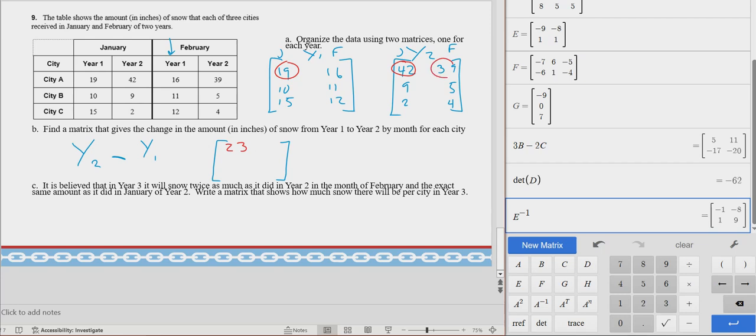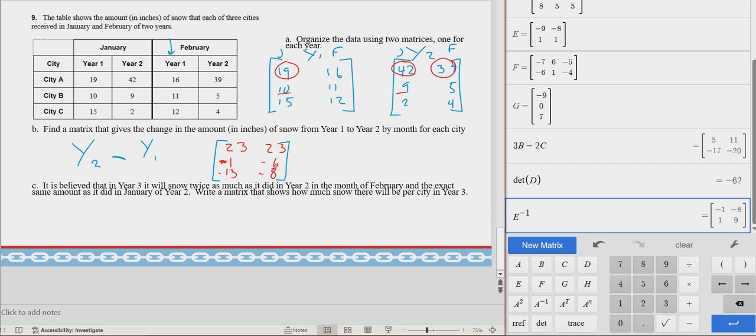And then here I have 39 minus 16, which is 23. And then 9 minus 10, -1. 5 minus 11 is -6. And then 2 minus 15 is -13. And 4 minus 12 is -8.